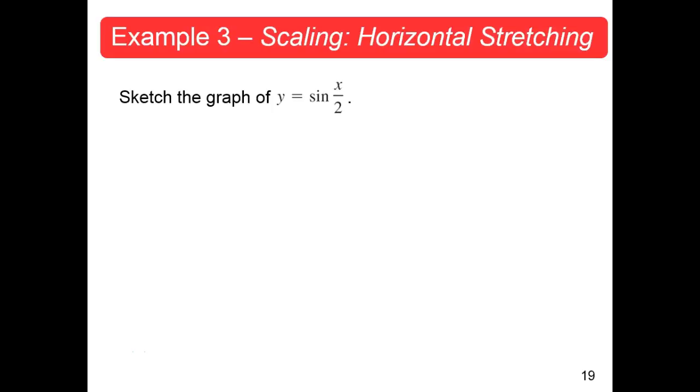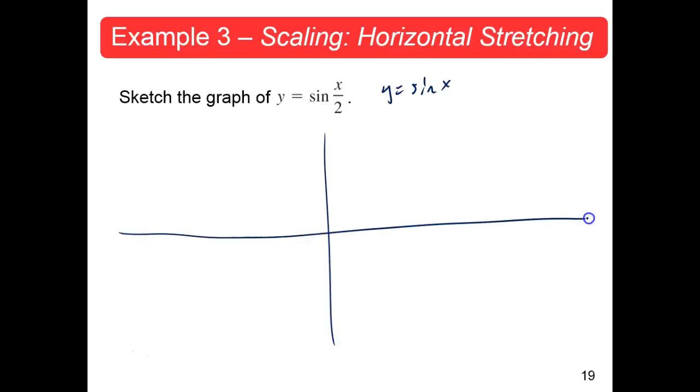So here's example 3. Sketch the graph of this. Now, do you want to start with the parent function? Let's start with y equals sine x. We'll do that one first because we like it, right?